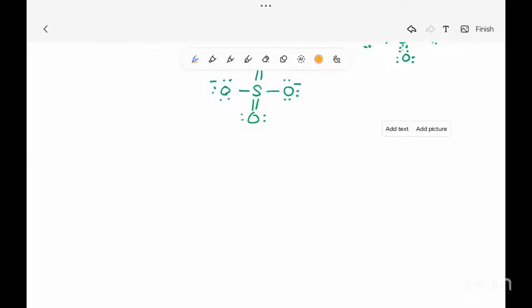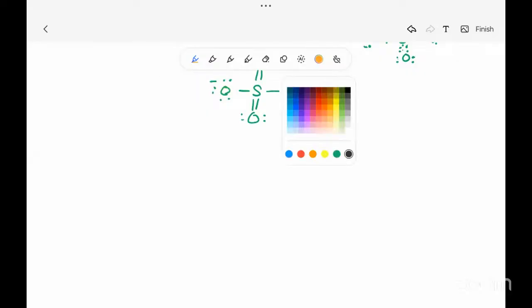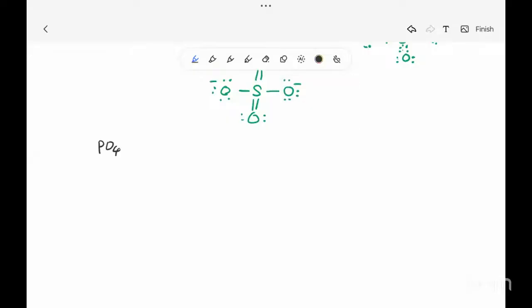So the next one is, we have been asked to draw PO4 3 minus ions, right? Let me write it like this: PO4 3 minus ions. The central atom is obviously phosphorus.